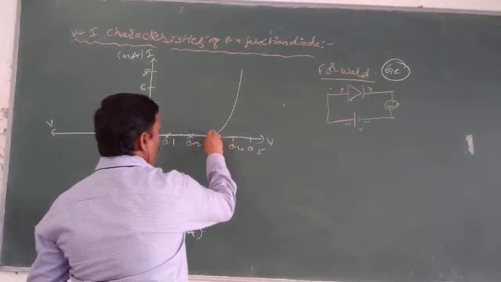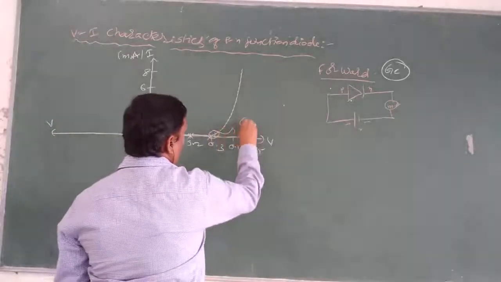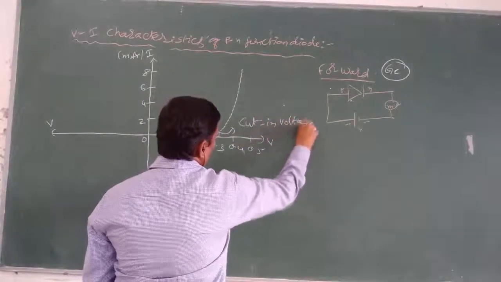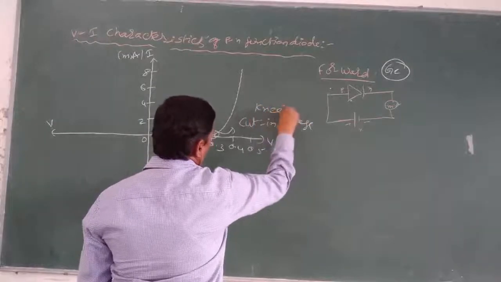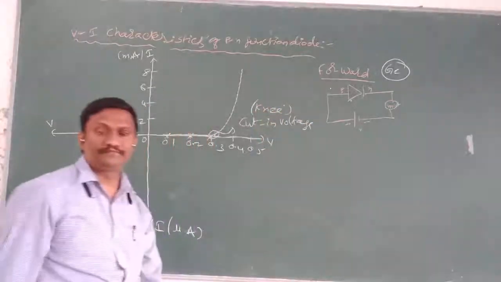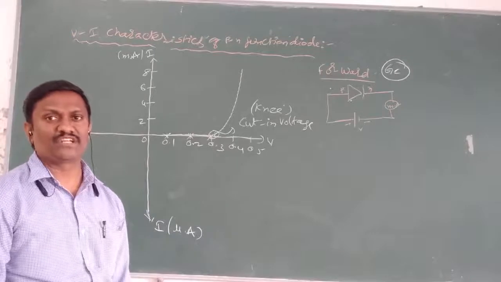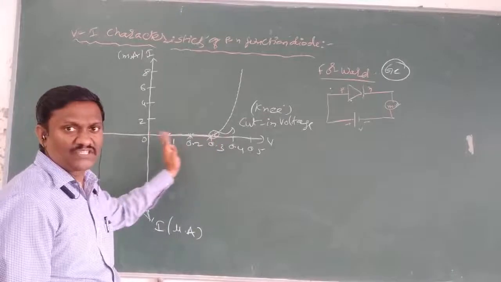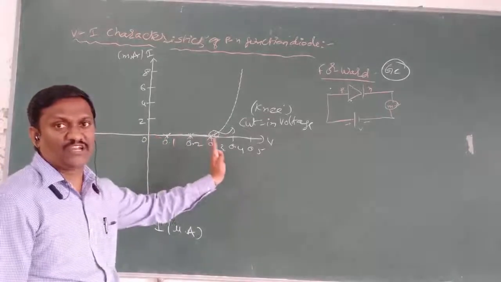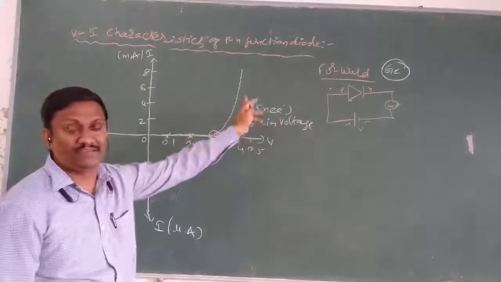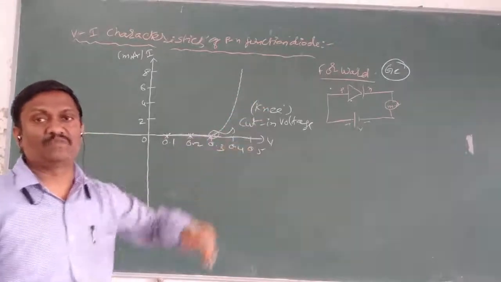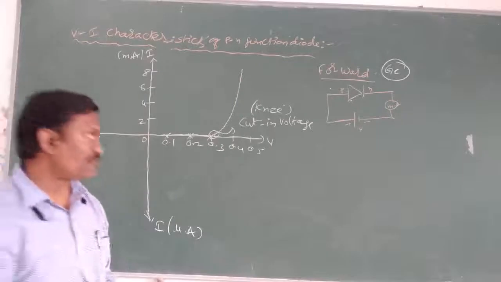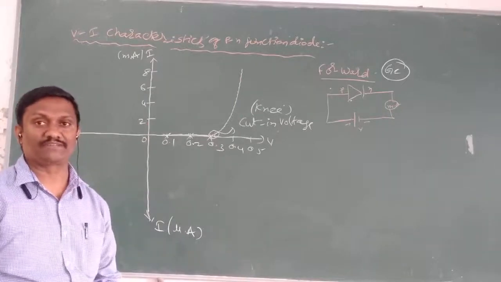That potential in forward bias is called the cut-in voltage, also called the knee voltage, because up to this potential current is almost 0 and after it current increases linearly.